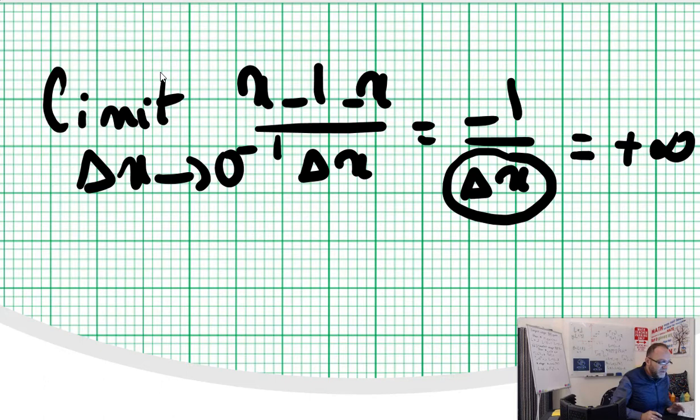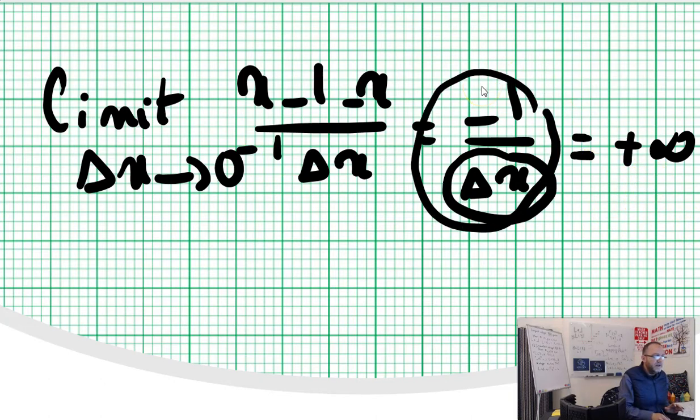What do you get? A very huge number. So the tinier this delta x becomes, approaching from the left with negative values, the bigger the whole equation becomes, and it goes to plus infinity. So the limit as delta x goes to 0 from the left is plus infinity.